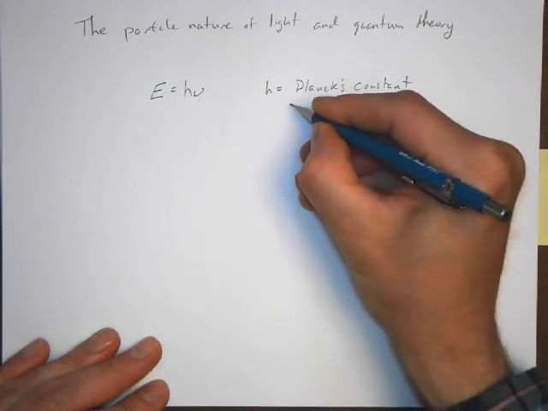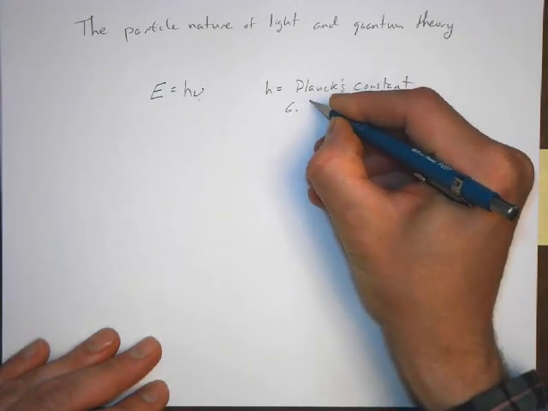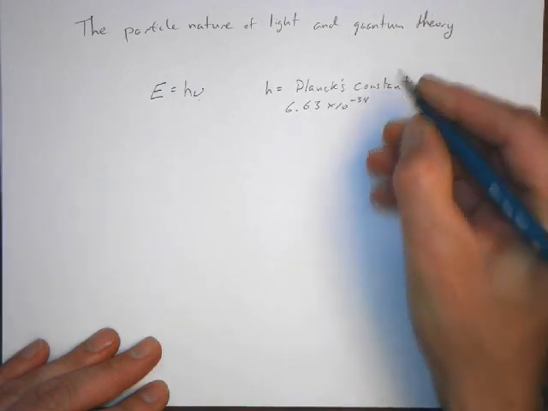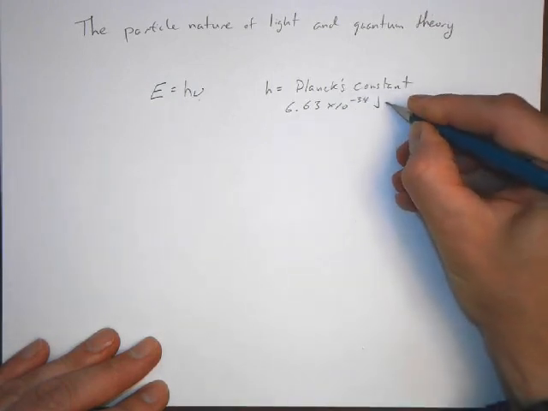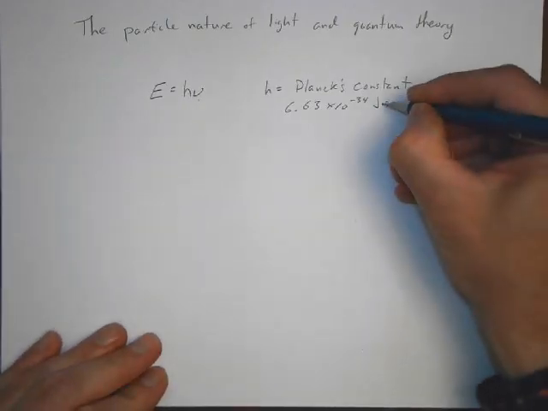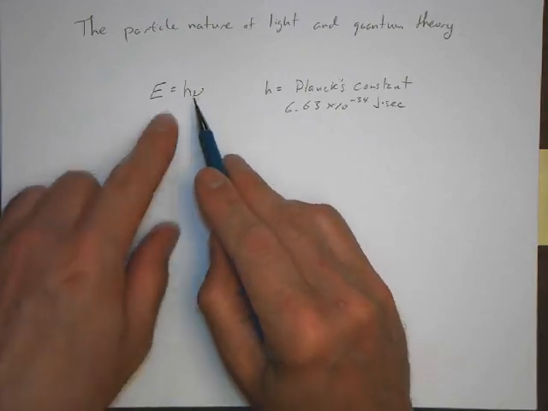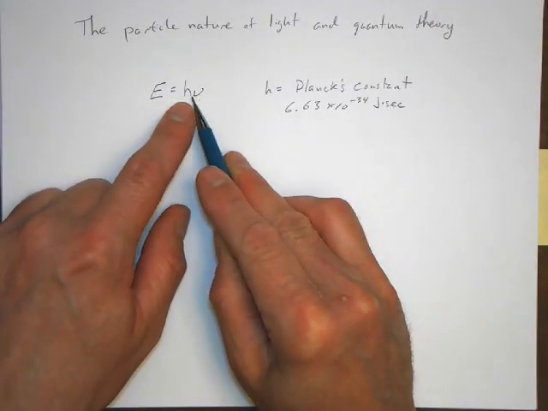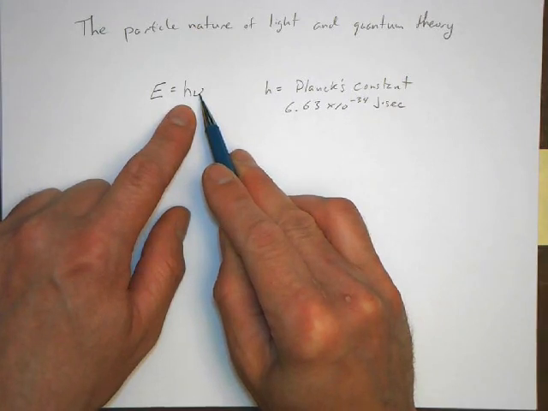Planck's constant has a value of 6.63 times 10 to the minus 34 joule seconds. So you can see that you can calculate the energy of a certain particle of light that has a certain frequency.